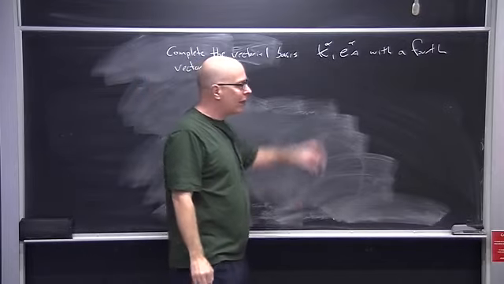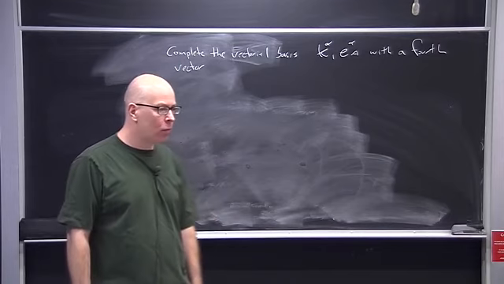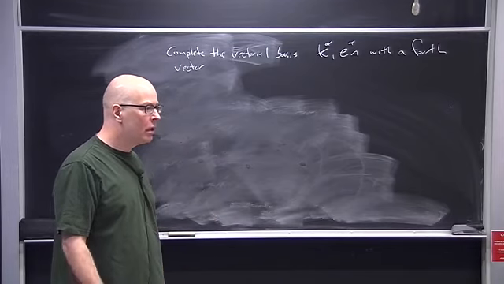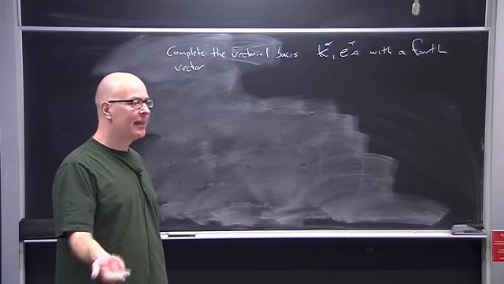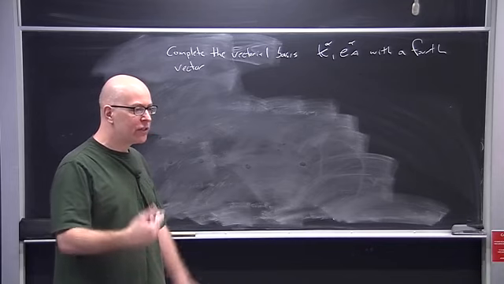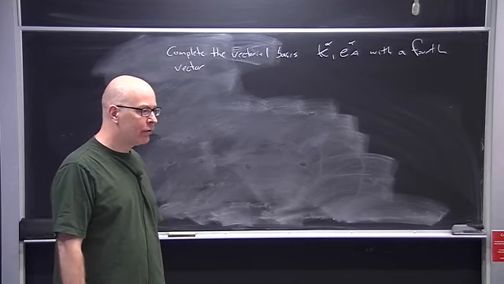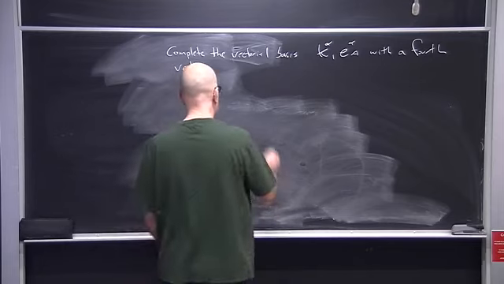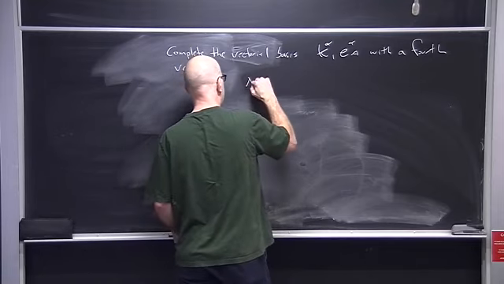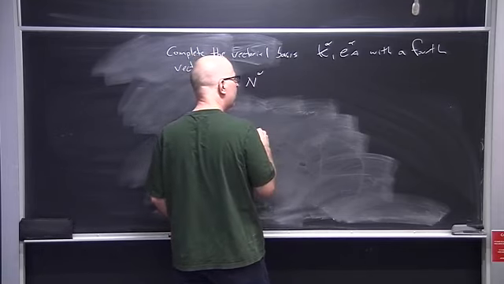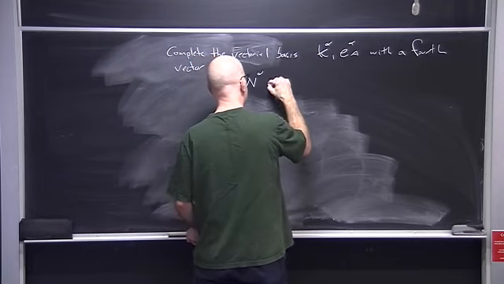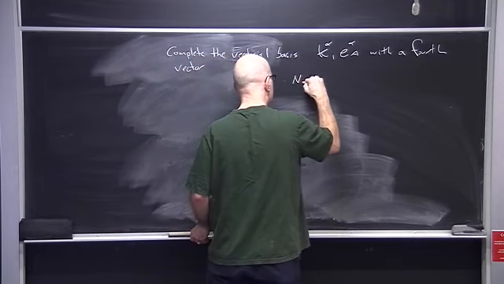But because we're already given a null vector in this whole business, I find it convenient to pick the fourth vector to be a second null vector that's going to have the same properties that we've encountered before. So n is going to be our selected fourth member of the basis, and it's going to have the property of being null.